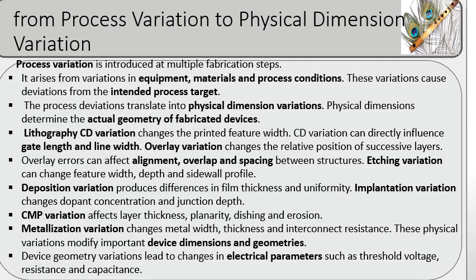Similarly, metallization variations can affect metal width, thickness, and interconnect resistance. These physical variations ultimately modify important device dimensions and electrical parameters, providing the direct link from fabrication process variation to device and circuit behavior.